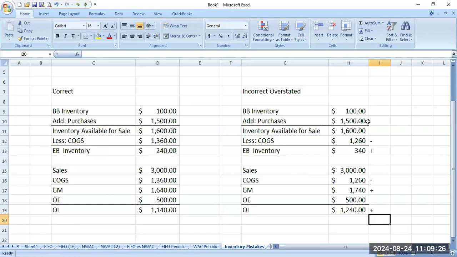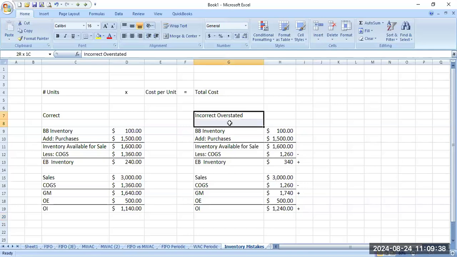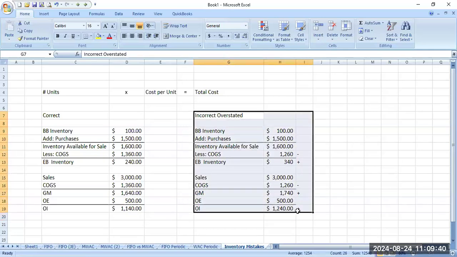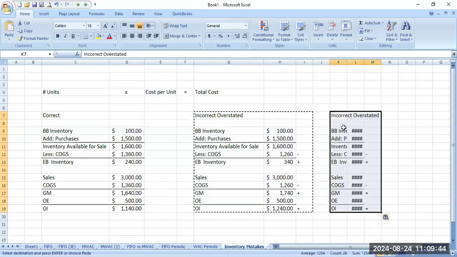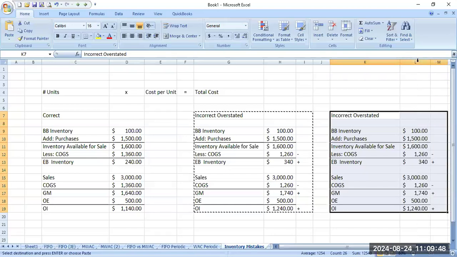Well, the opposite is going to happen to all those numbers. That's when the inventory is overstated. Let's understate the inventory and see what's going to happen now.